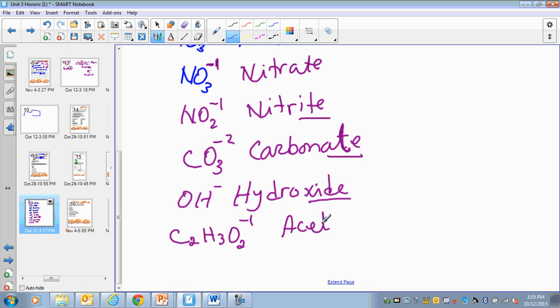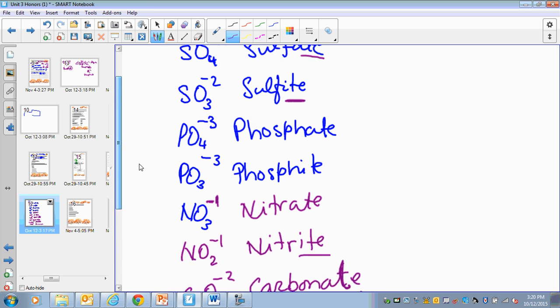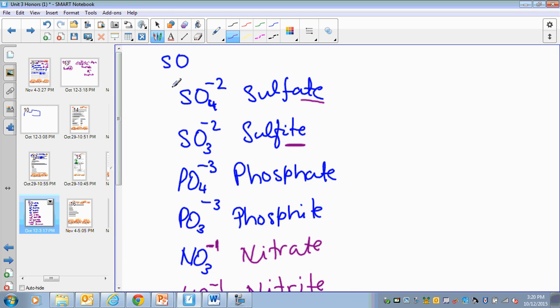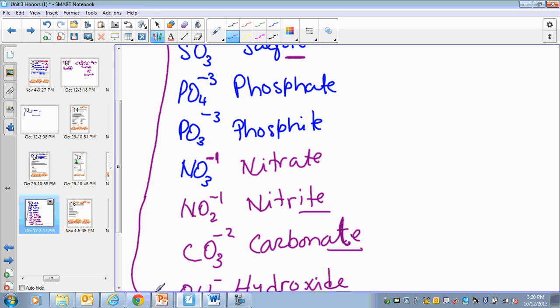And then there is only one cation, one positive ion, and that's called ammonium. So you have to memorize all of the polyatomic ions that I listed here. There are many more than these, but these are the minimum you have to know. I cannot make the list any shorter than this.